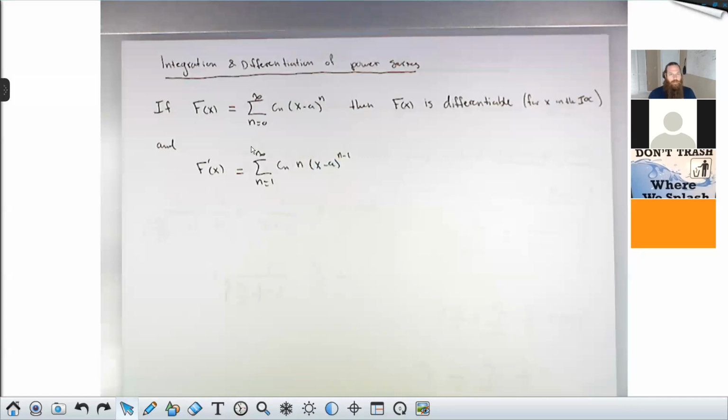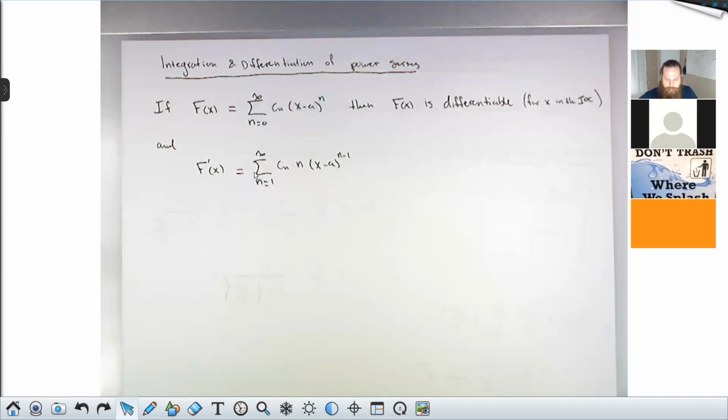The other thing you'll notice is that the starting index went from starting at n equals 0 to starting at n equals 1. This is because the constant term, the very first term of the original series, is a constant. It's just C0. That will differentiate to 0.